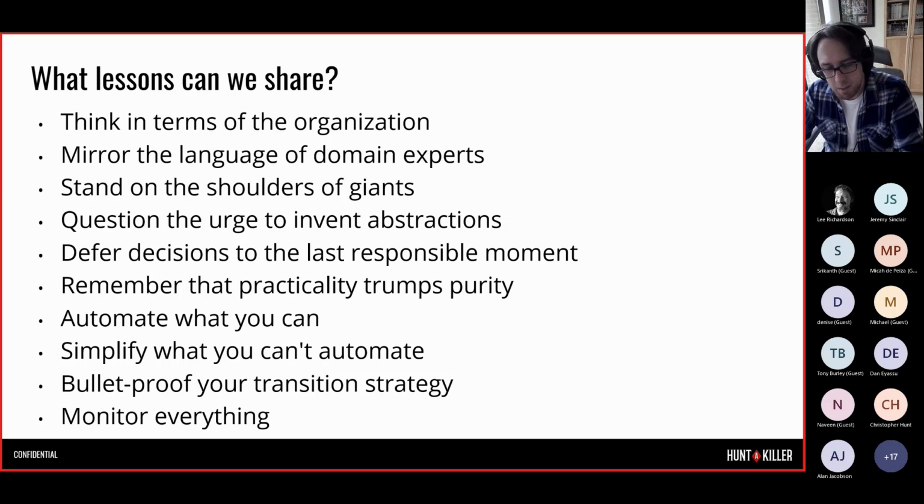So let me stop rambling and let me actually get into some of the lessons that I've learned, or that we as a team have learned over the course of breaking up this monolithic application into multiple microservices. The first place I want to start is to think in terms of your organization.